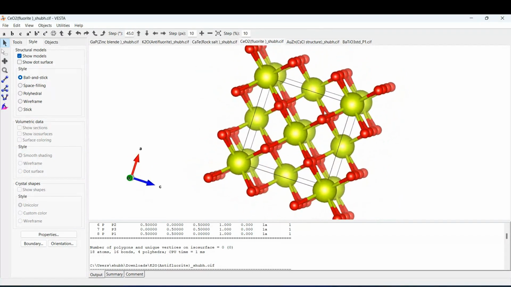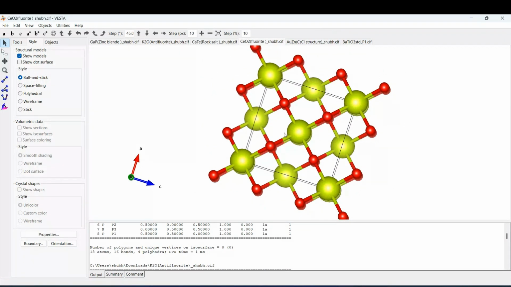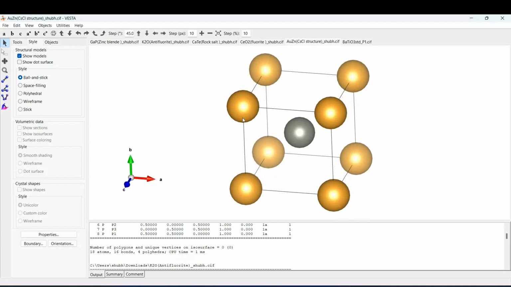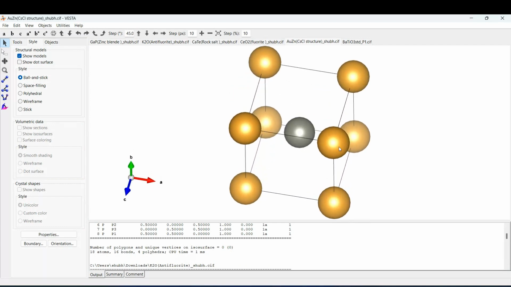We can see these are occupying the tetrahedral voids, and these are forming the FCC. Now AuZn, it is similar to the CsCl structure. It is a primitive structure in which all the corners are occupied by gold, and Zn is in the cubic void left behind by the primitive atoms.